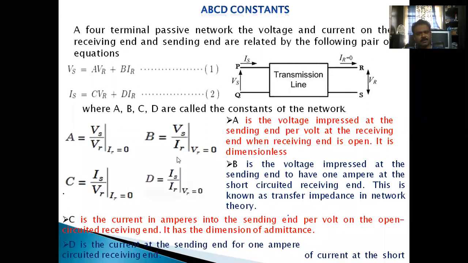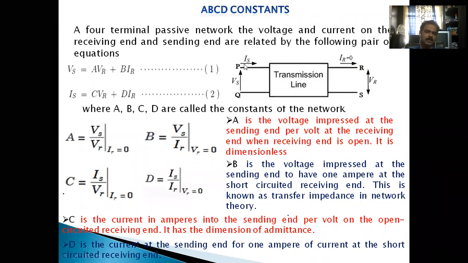Similarly, D is the current at the sending end for 1 ampere of current at the short circuit receiving end. So here the voltage VR is short circuited, so VR is equal to 0 and the current passing through this short circuit path must be unit value.